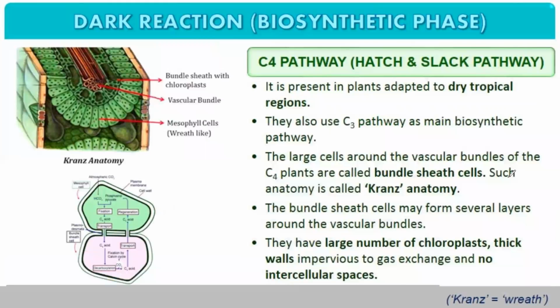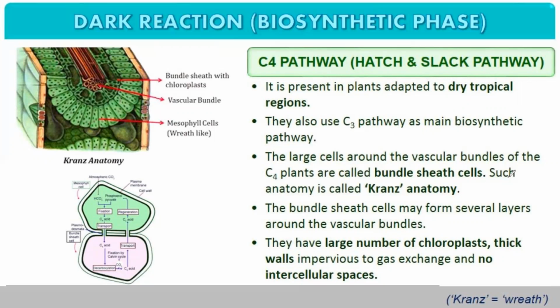The other pathway is the C4 pathway, which is also known as the Hatch and Slack pathway. It is present in plants that have adapted to dry tropical regions. They also use the C3 pathway as the main biosynthetic pathway because the large cells around the vascular bundles of C4 plants are bundle sheath cells.